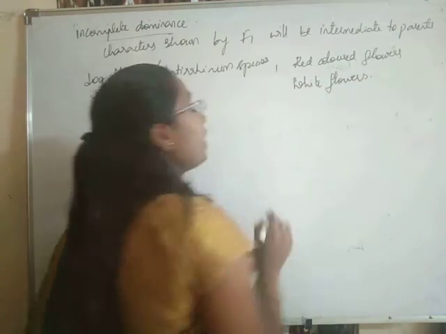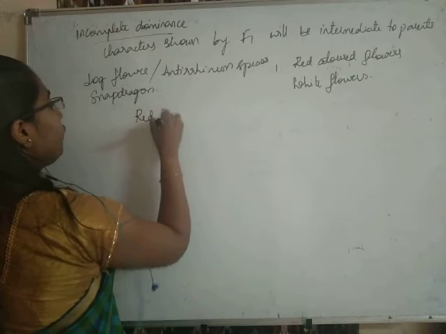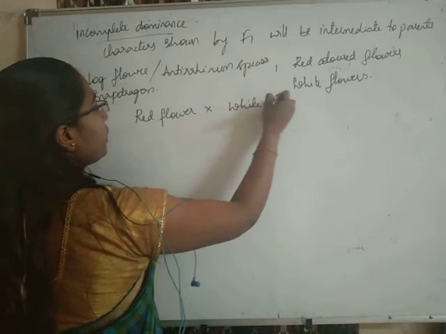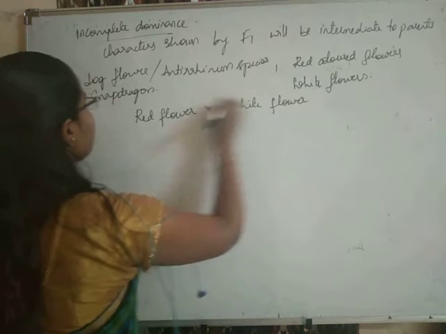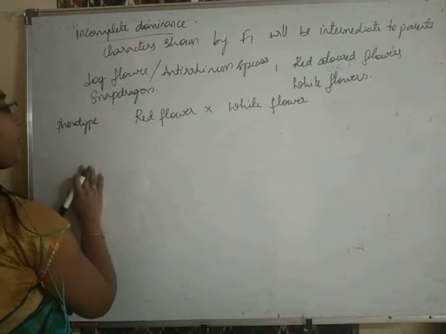Okay, so when a cross was performed between red colored and white colored flowers, these were the phenotypes: red flower plant to a white flower plant.